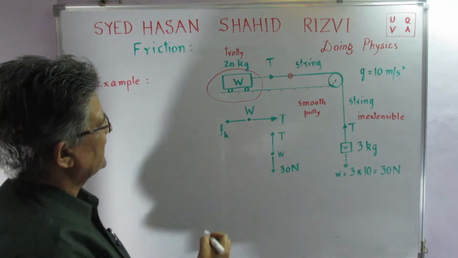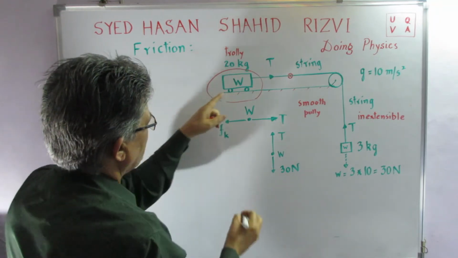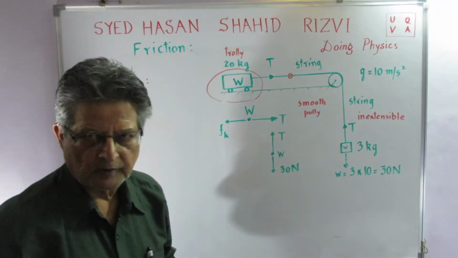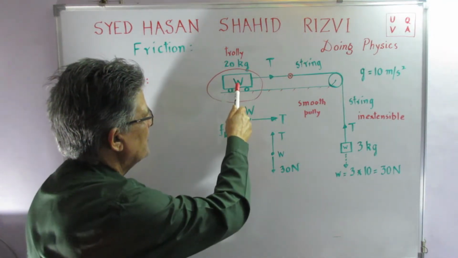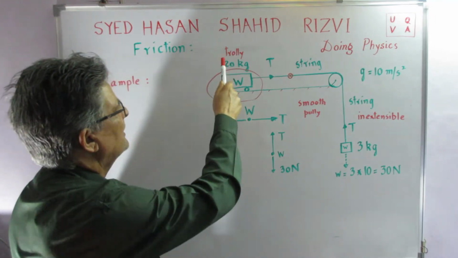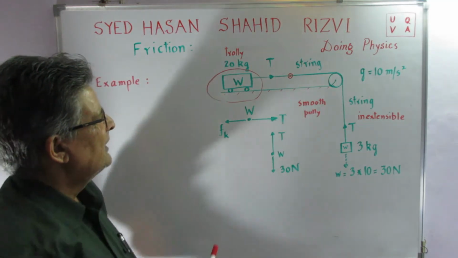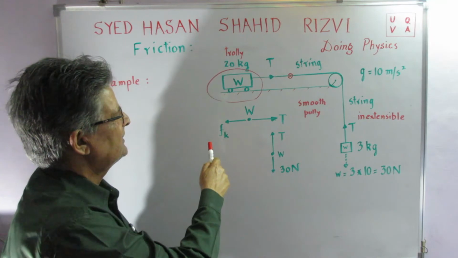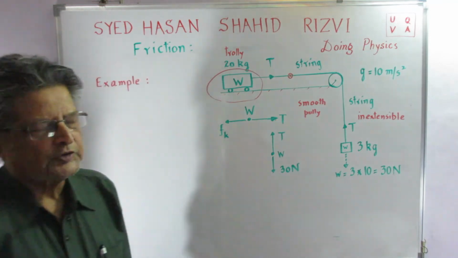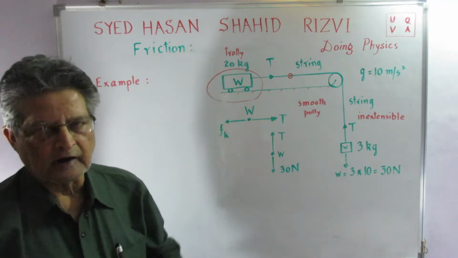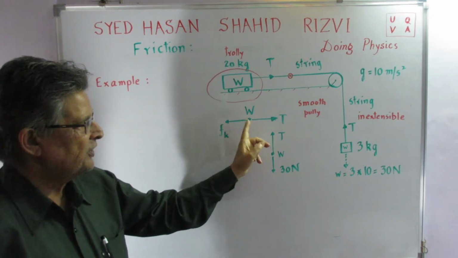When the motion of this body is there, then there is a force of friction in the opposite direction to the motion, which I have shown for this mass, this weight, the mass having 20 kg of the pulley that we have. Then I have made a diagram which is called a free body diagram, which explains what is going to happen to this body.